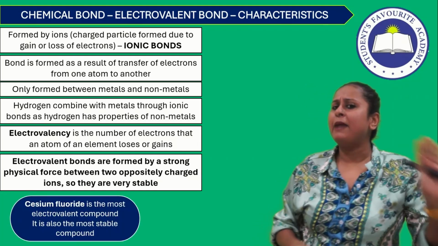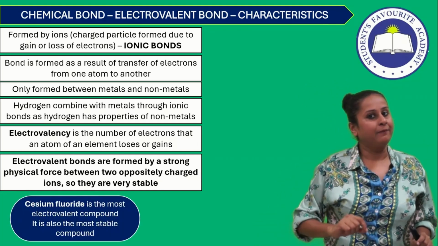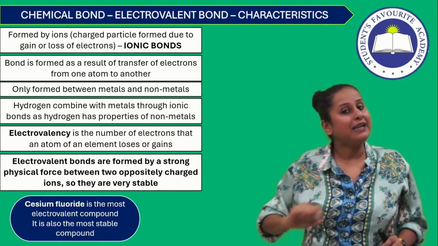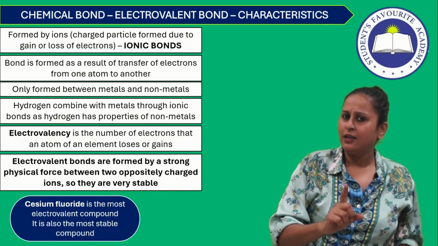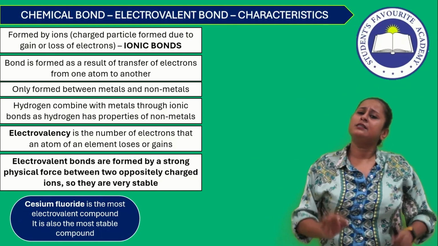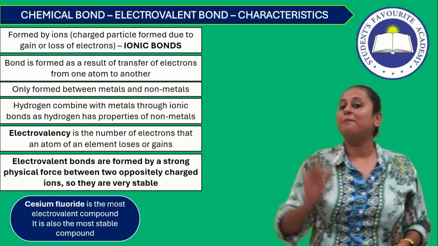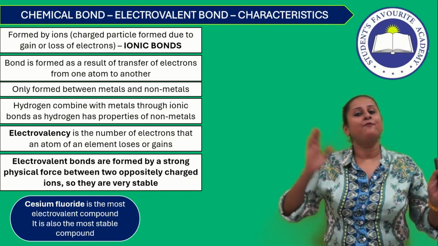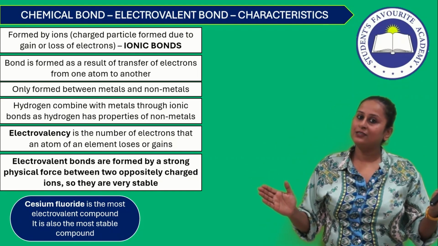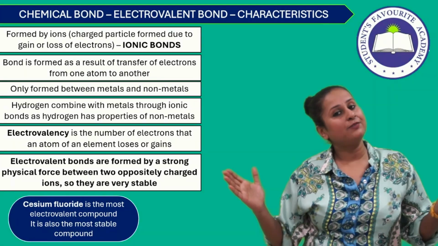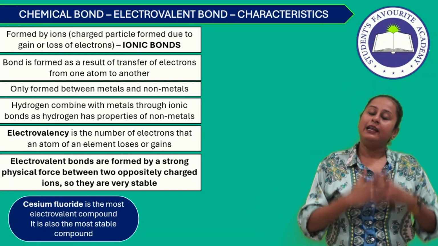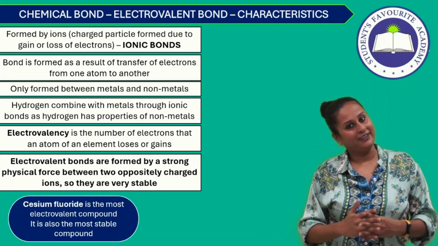So the most metallic element is cesium and the most non-metallic element is fluorine. So NaCl, even though it is a very strong electrovalent bond, the strongest electrovalent compound present is cesium fluoride, where cesium loses one electron, fluorine gains one electron and forms an electrovalent or ionic bond.